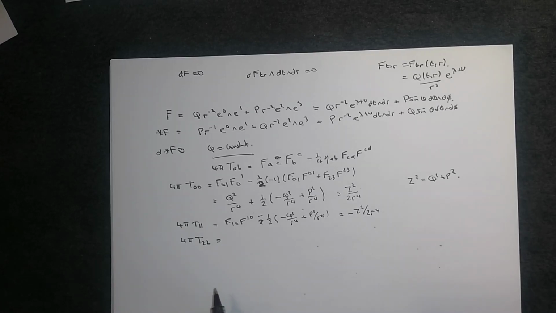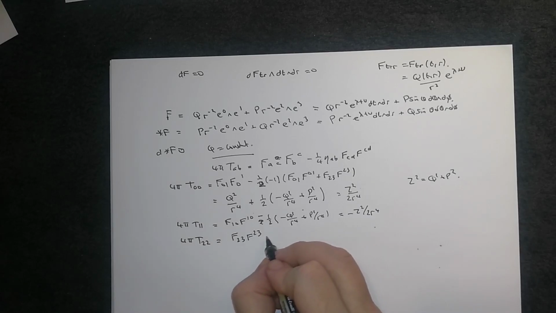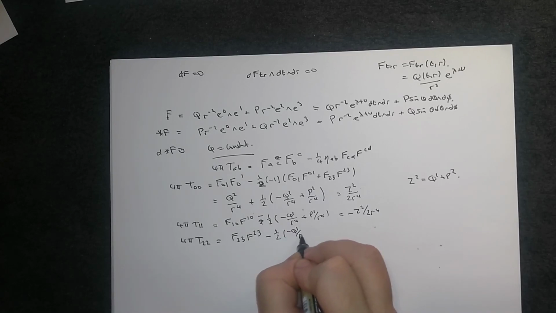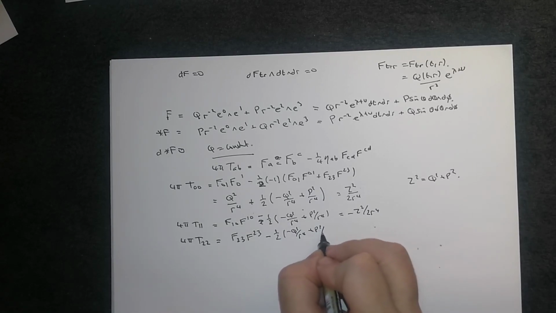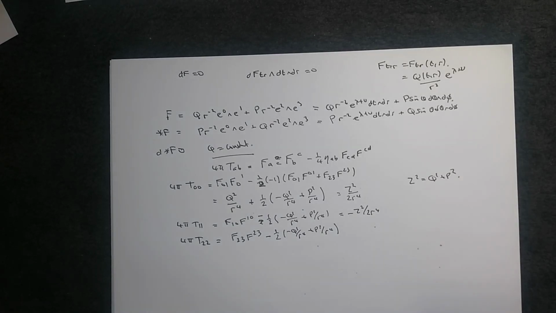4 pi t22 is f23 minus half minus q squared over r to the 4th plus p squared over r to the 4th. And that thing is just p squared over r to the 4th.